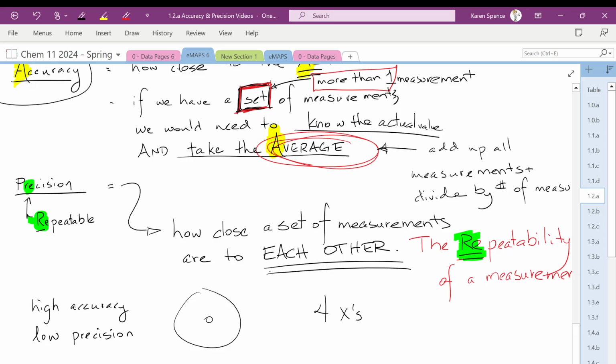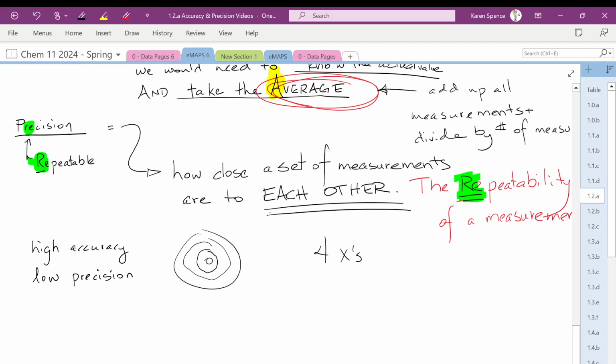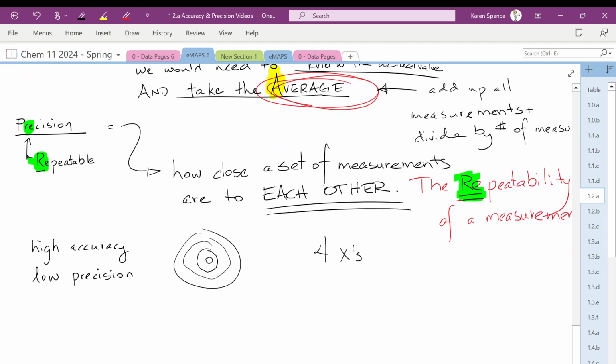Is that good? Okay. And now you guys are going to try and draw on this bullseye here. And we're aiming for the center of the target, okay? I would like you to try and draw 4 X's that would show high accuracy but low precision.